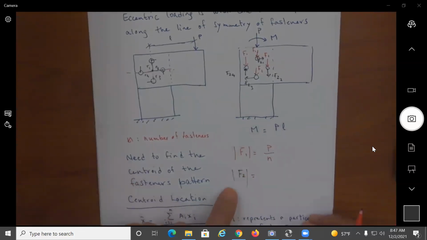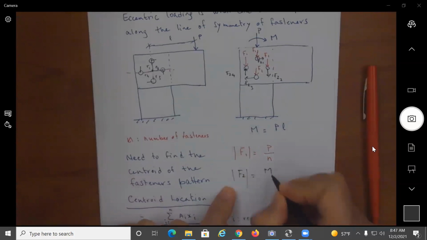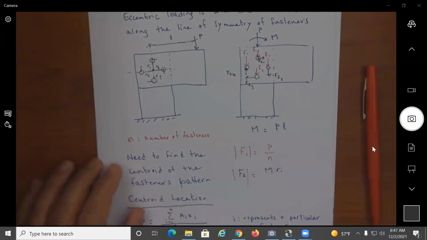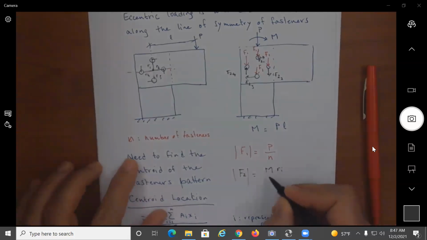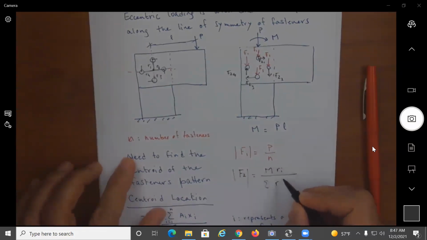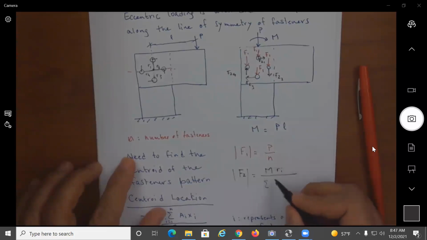So this F2 is going to be equal to the moment multiplied by Ri divided by the sum of Rj squared.